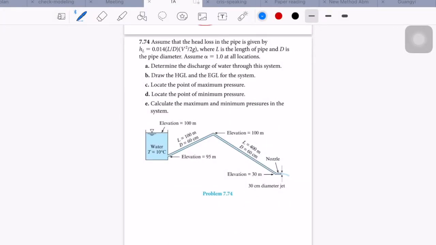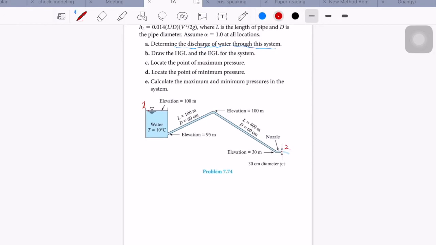For the first problem, for A, we need to determine the discharge of the water through this system. First, we locate point 1 on the water surface and point 2 at the outlet of the nozzle, and we apply the energy equation.